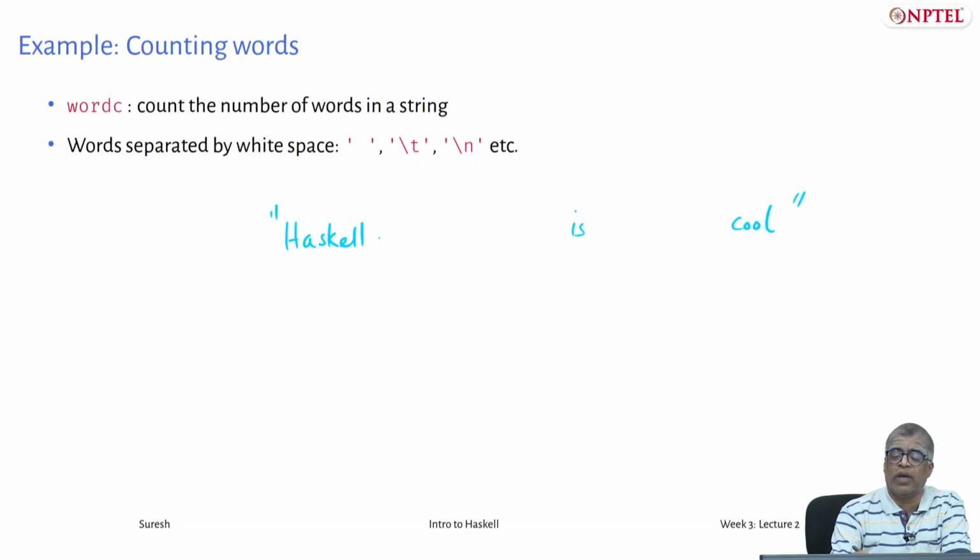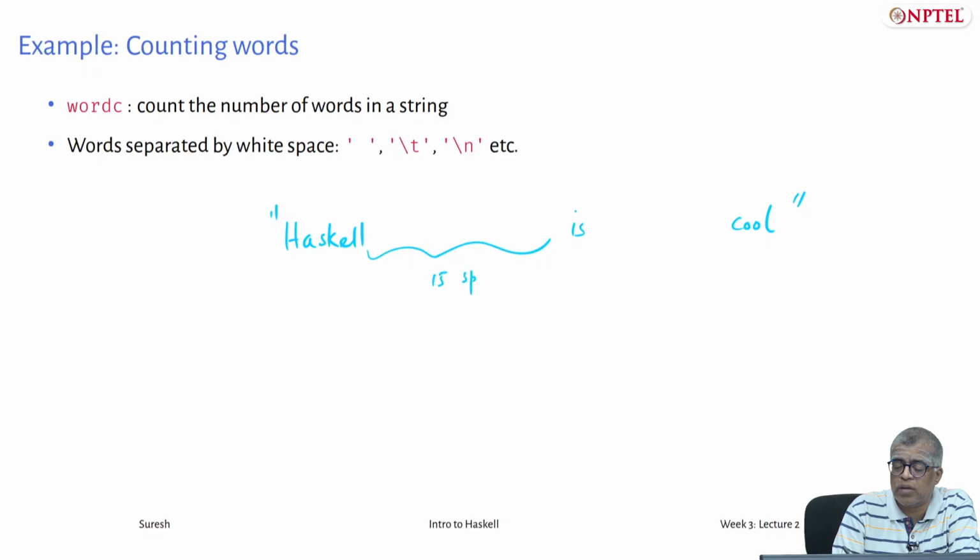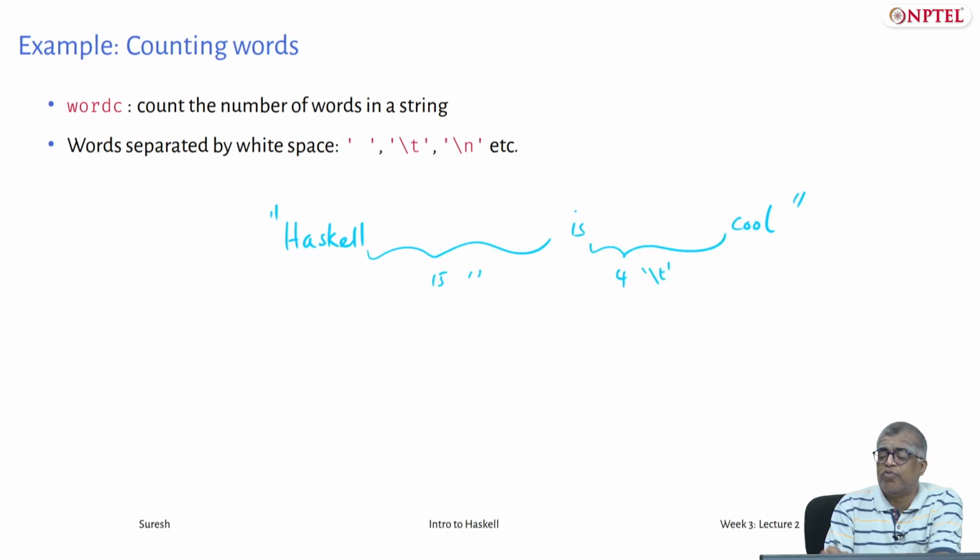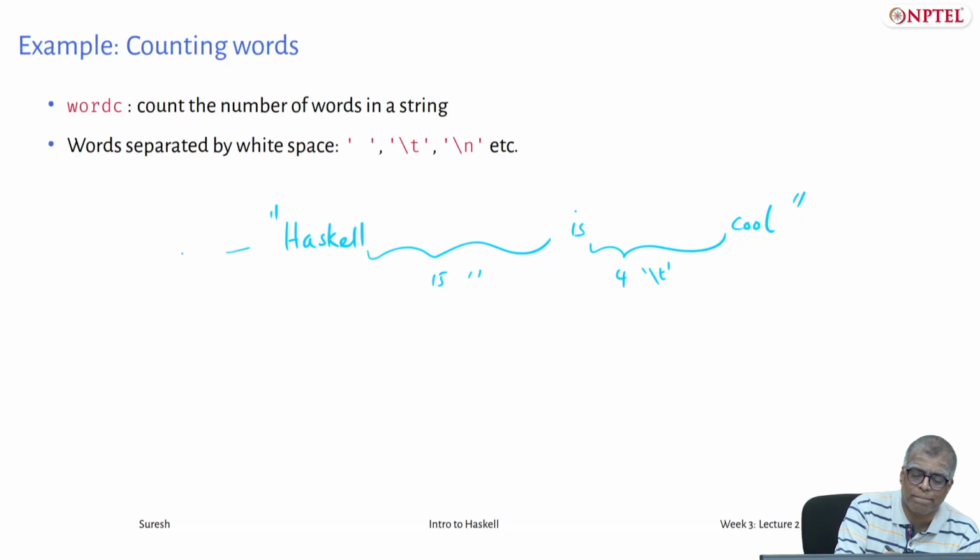Let us say there are some 4 tabs there and some 15 spaces here. Still you should count this as having 3 words. So this string has 3 words.